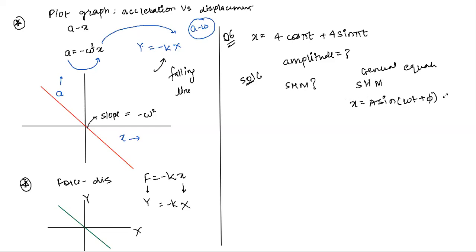The one given in the question is very different, so let's see how we can relate this. Think about it. Class, anyone, can we try converting this equation into this form? Just use your brains. If not, I am there to correct, but first try to think.